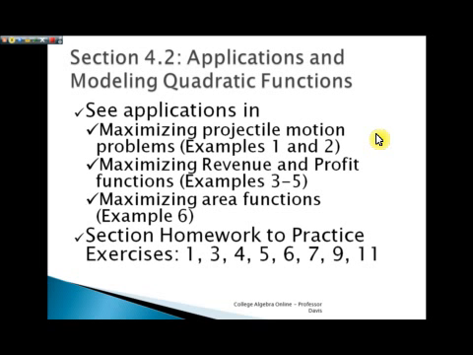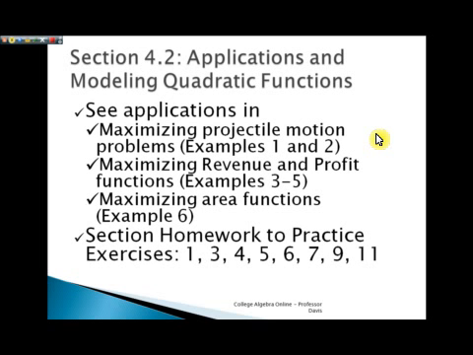By maximizing, we want to find the f of x value, the function value, at the vertex. Now, make sure you look over the definitions of a revenue function and a profit function. The profit function is always found by taking the revenue function and then subtracting off whatever the cost function is. So make sure you look at examples 3 through 5 there.